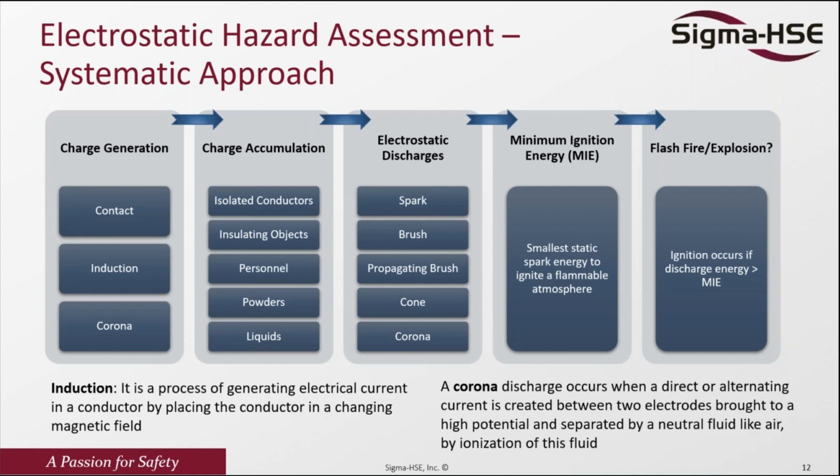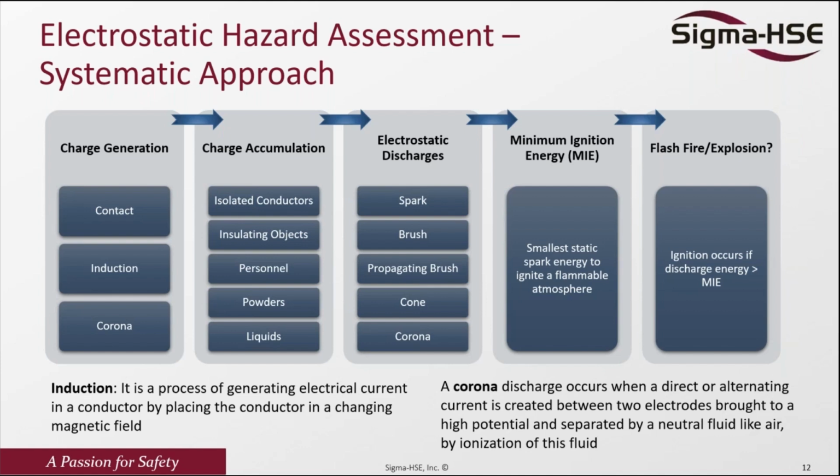The human body is generally a conductor of electricity, and if the human body is isolated, whatever charge is generated or accumulated in the body will continue to stay there. We also have powder. Normal powder that we handle can also accumulate charges. We also have liquid material, which can also accumulate charge, and we'll dive more into that very soon.